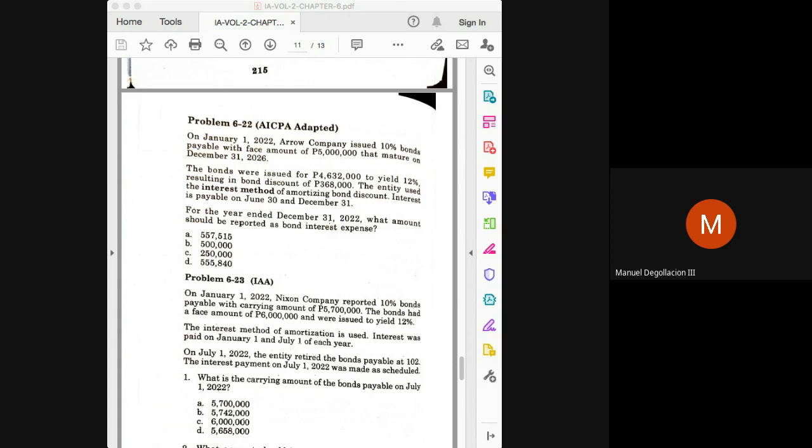And then deduct the remaining discount or the unamortized discount of 340,080. 5 million minus 340,080, you will have 4,659,920.